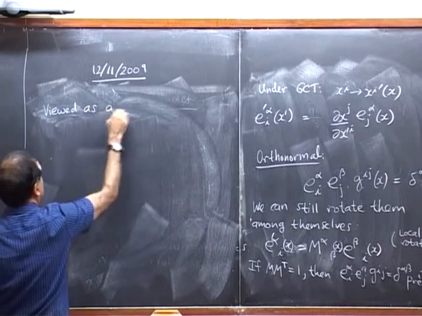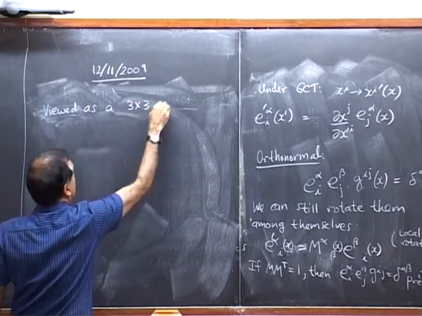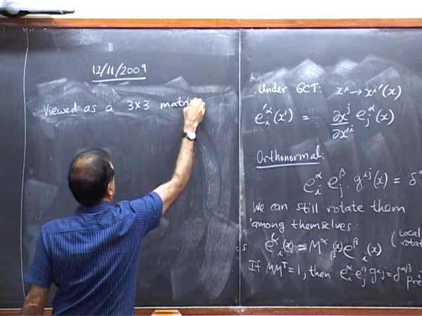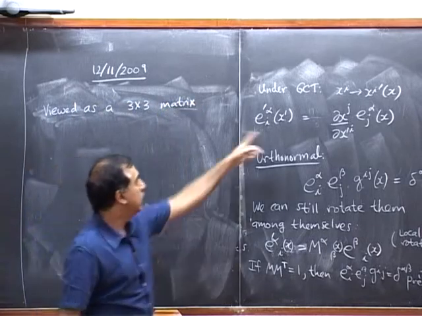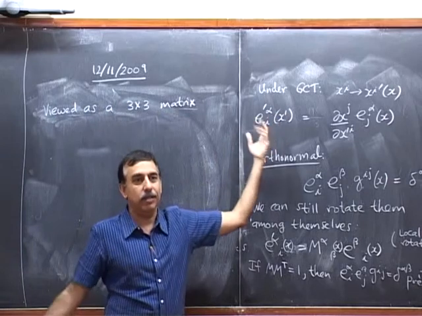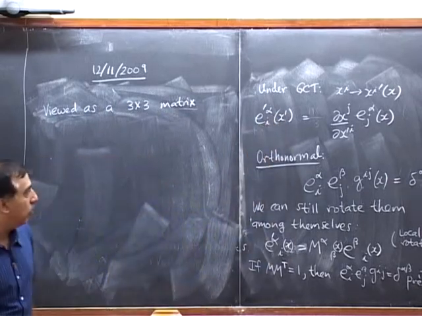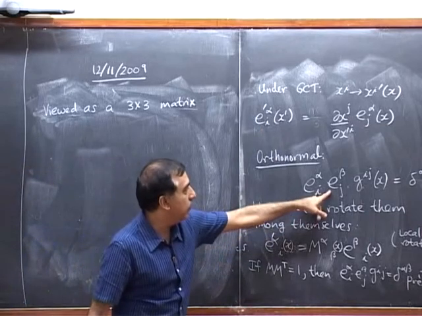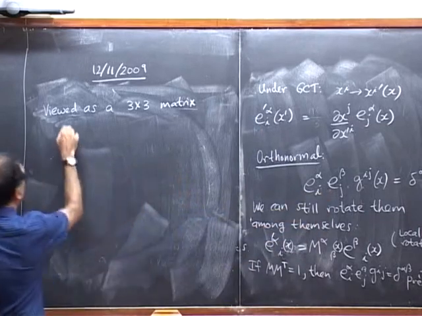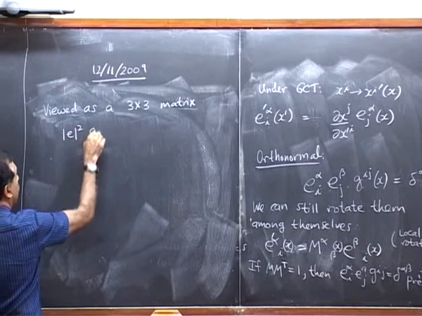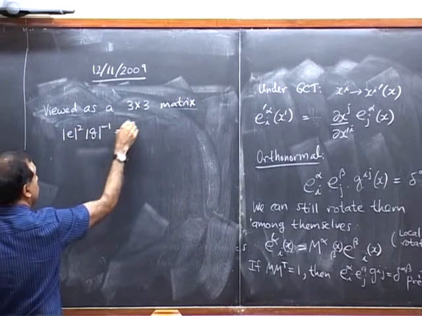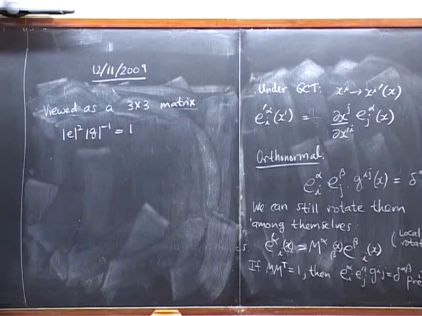Now, viewed as a 3x3 matrix, of course, it's quite surprising that we should view it that way because it's really 3 vectors, but it has two indices alpha and I, so it's a 3x3 matrix, whether you like it or not. This equation gives us some information. It says that determinant of E squared times determinant of G inverse is 1.